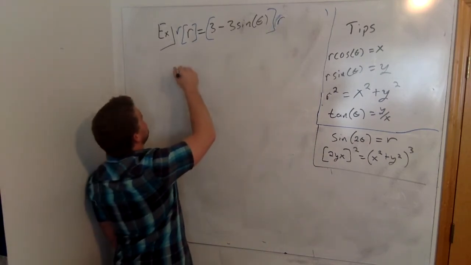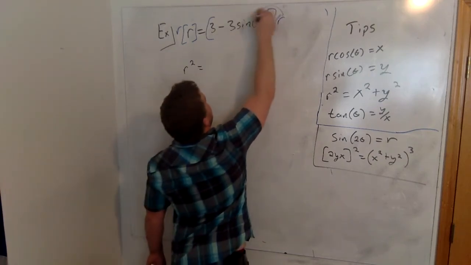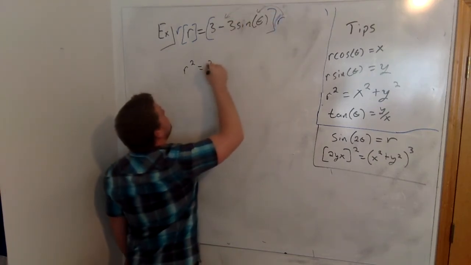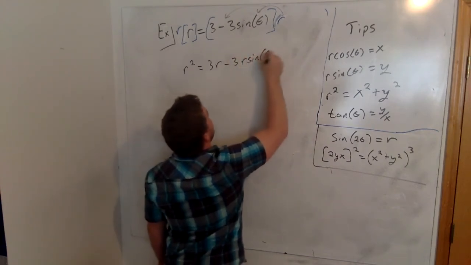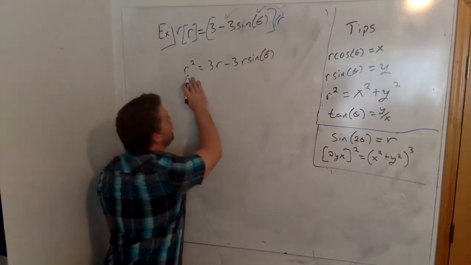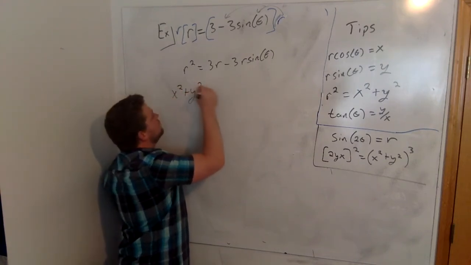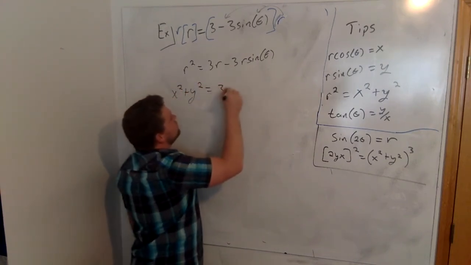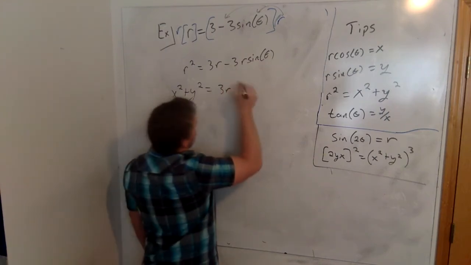So we'll get r squared equal to, distributing in this r, 3r minus 3r sine of theta. So this r squared, sure, we can replace that with x squared plus y squared. Okay, we still have this 3r. We have to figure out what to do with that r. And we also have, what is this?